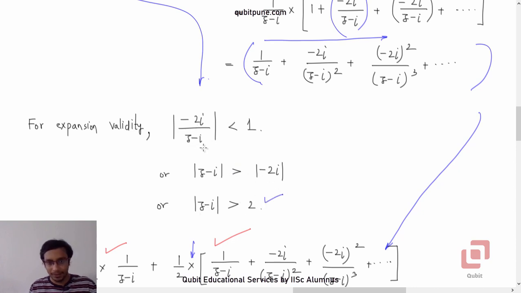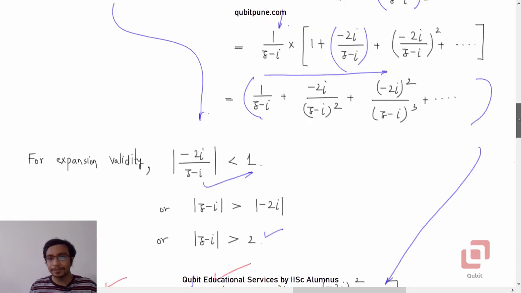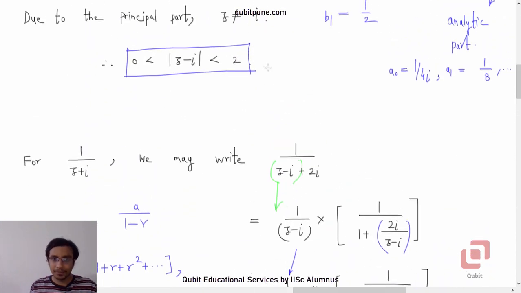I mean, you have to take this to the other side and do the necessary calculations. This is a different region of convergence obviously than this. In fact, both are complementary, you can say, or at least their intersection is a null set obviously.